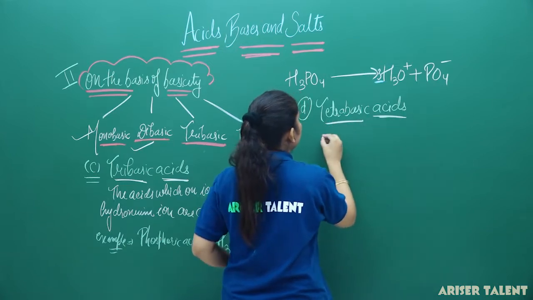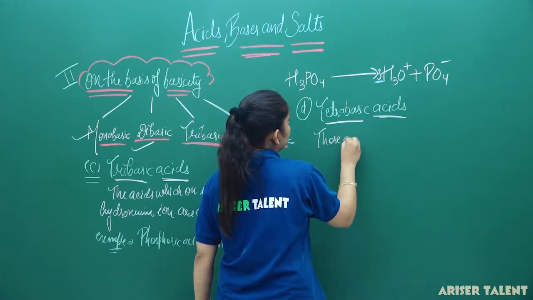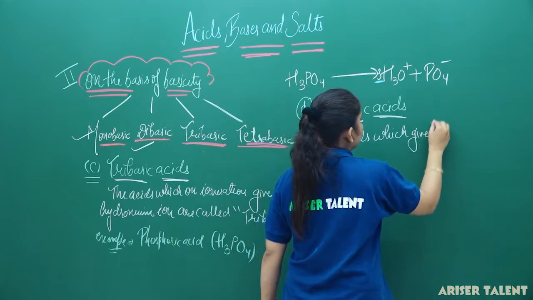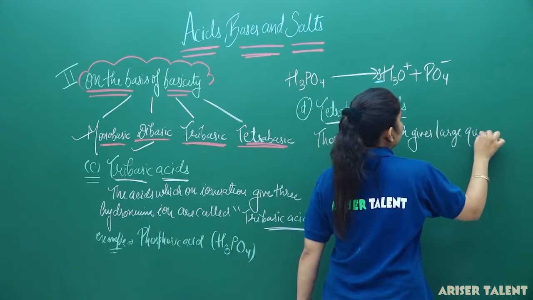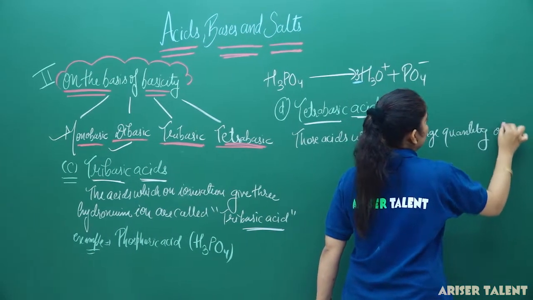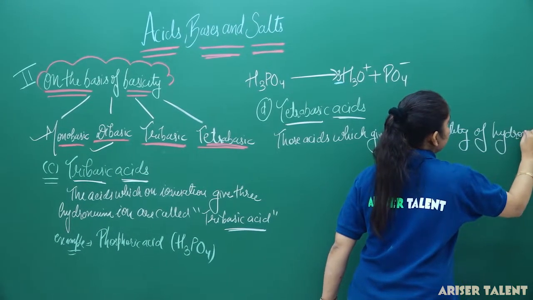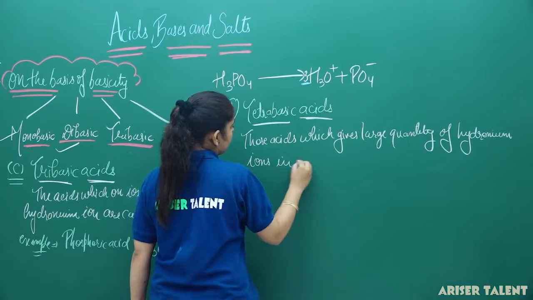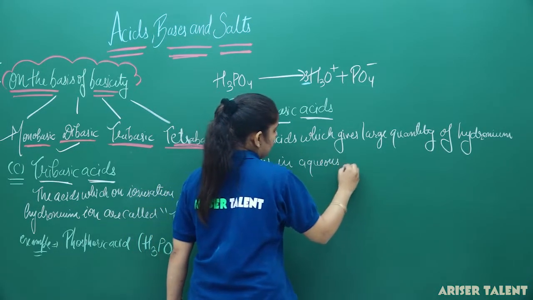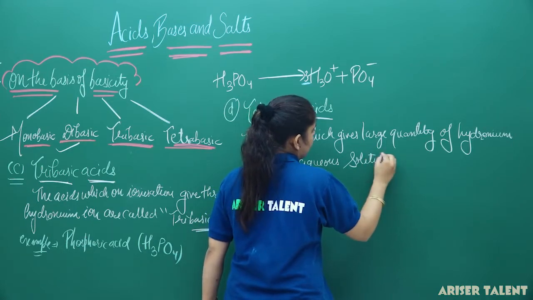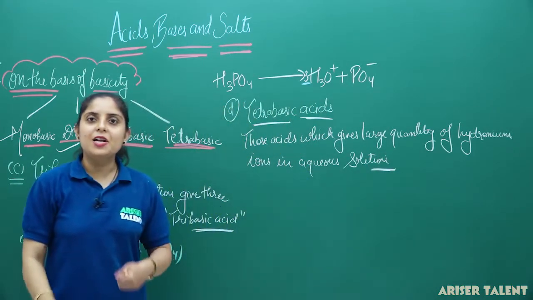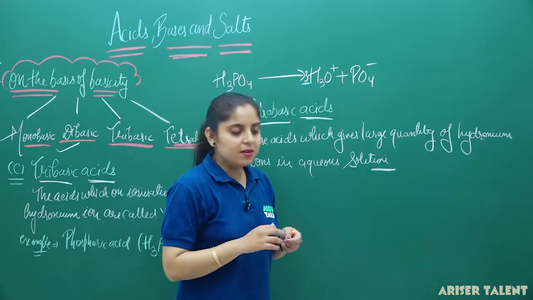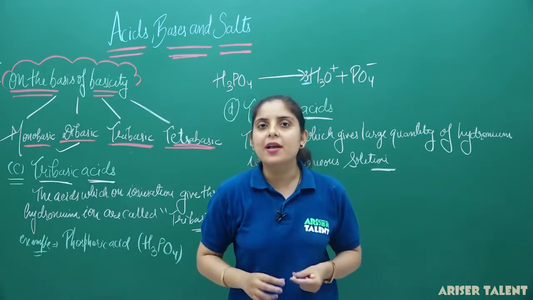Tetrabasic acids are those which give a large quantity of hydronium ions in the aqueous solution. If it is capable of giving a large quantity of hydronium ions, I can say that it will be our tetrabasic. And tetrabasic acids are actually of two types, known as strong acids and weak acids.